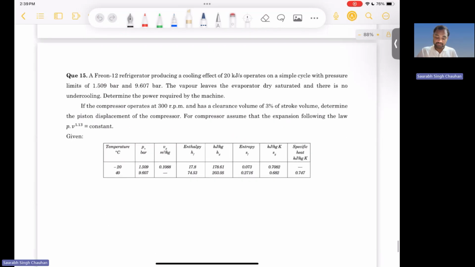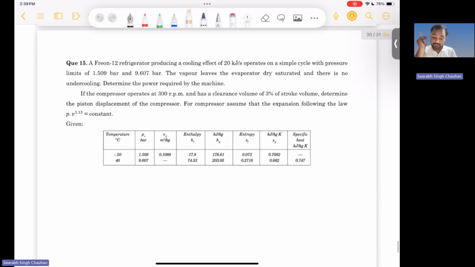Question number 15. Again, Freon 12. A refrigerator produces a cooling effect of 20 kilojoule per second and operates on a simple cycle with pressure limits of 1.509 bar and 9.607 bar. The vapor leaves the evaporator dry saturated and there is no undercooling. Determine the power required by the machine.